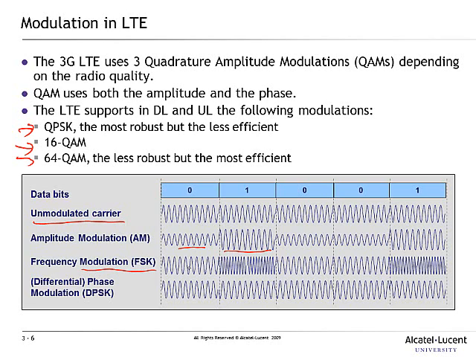What we do is when we have a 0, we transmit a low carrier frequency, and when we have a 1, we transmit a high carrier frequency. So essentially what we're doing here, we're keeping the amplitude of the carrier constant, but we're changing the frequency of the carrier depending on whether it's 0 or 1.